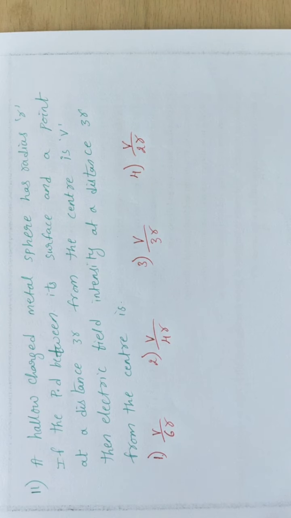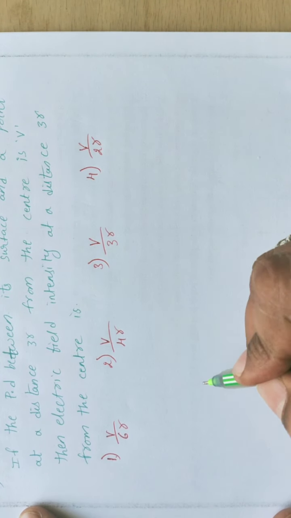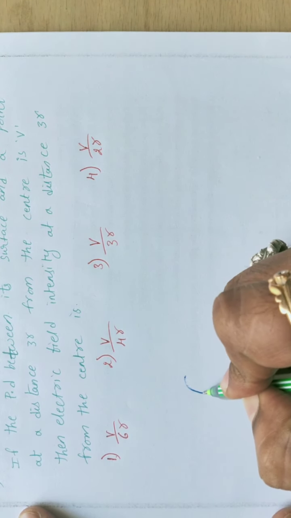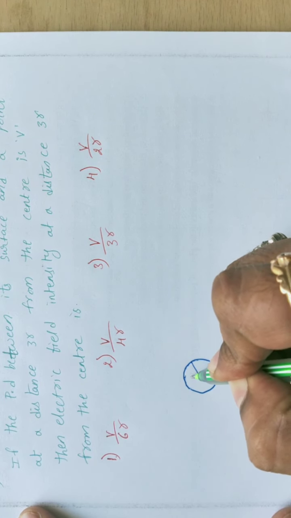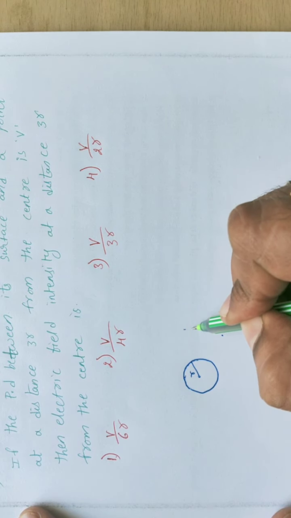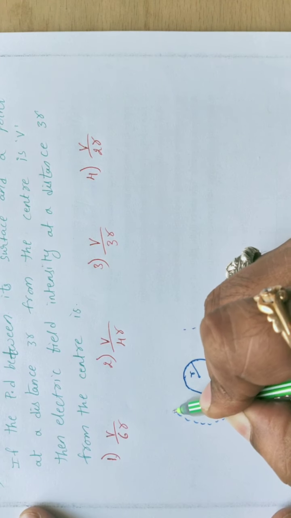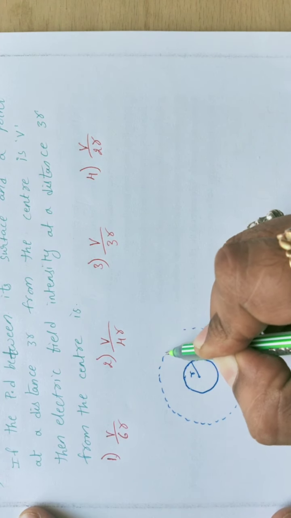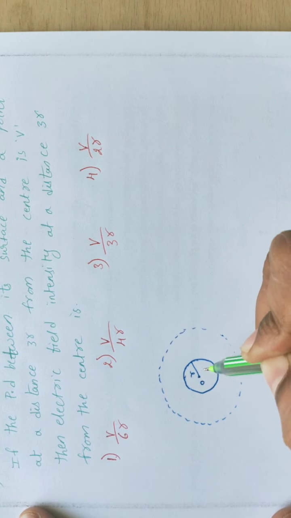Say from the center at a distance 3r we want to find out the capital E value. For example, say this is one hollow sphere, which I am representing with radius small r. This is one point we have chosen. Here I am constructing one imaginary sphere like this, and this is maybe the center of the sphere.